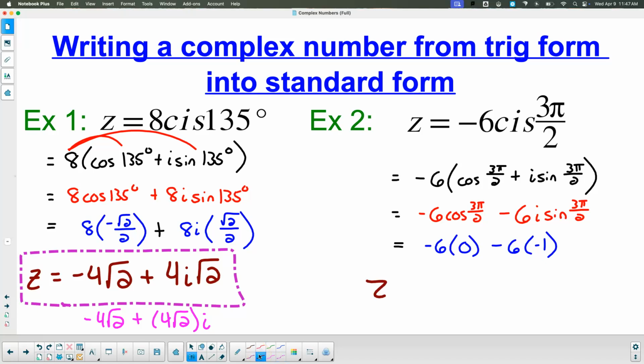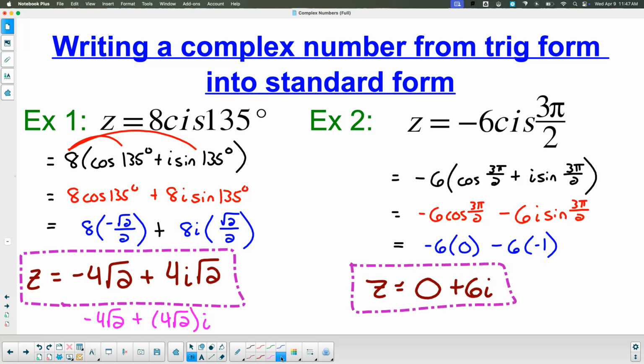Z here in standard form would be 0 plus 6i, if it's in complex form and it's in standard rectangular form. Okay? We'd have 0 plus 6i there because we have to have an a and a b. If we just wrote 6i, then that's just the imaginary number. Okay?